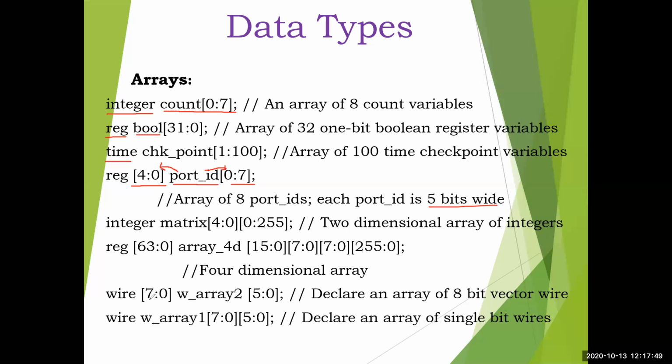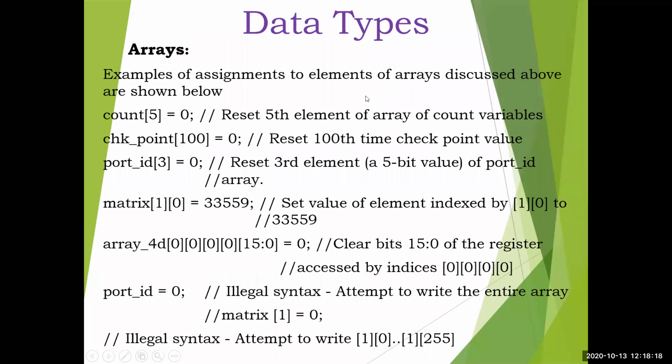Then wire [7:0] WRA2 [5:0] declares an array of 8-bit vector wires. And WRA [7:0][5:0] is an array of single-bit wires. Like that we will use arrays. The only thing is you need to be able to differentiate arrays and vectors when writing the program.